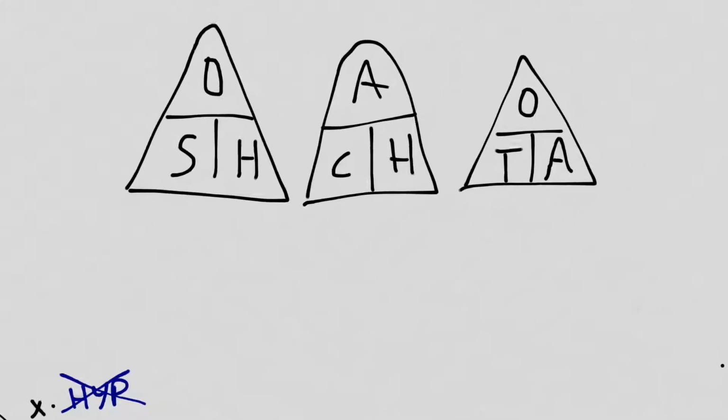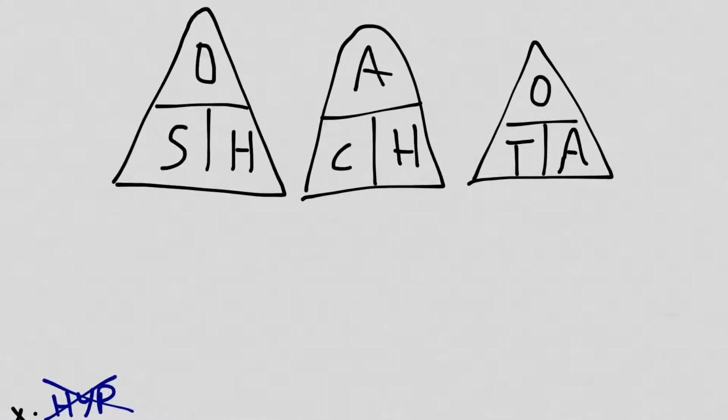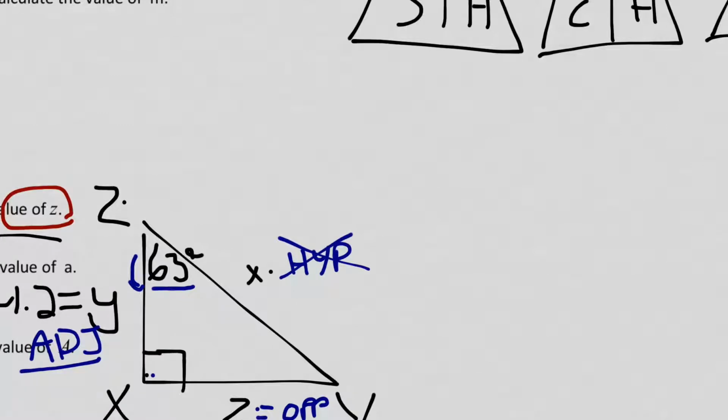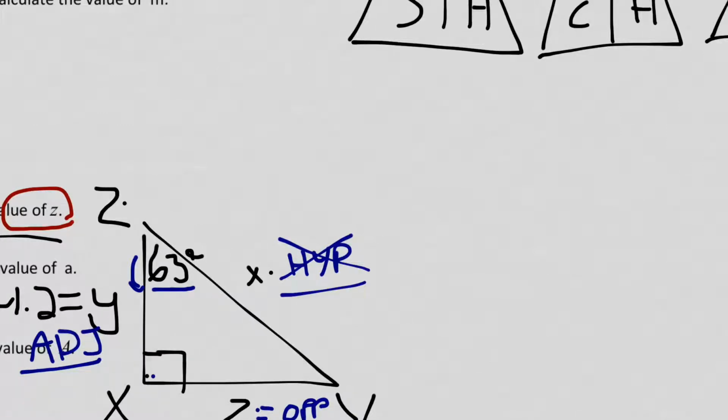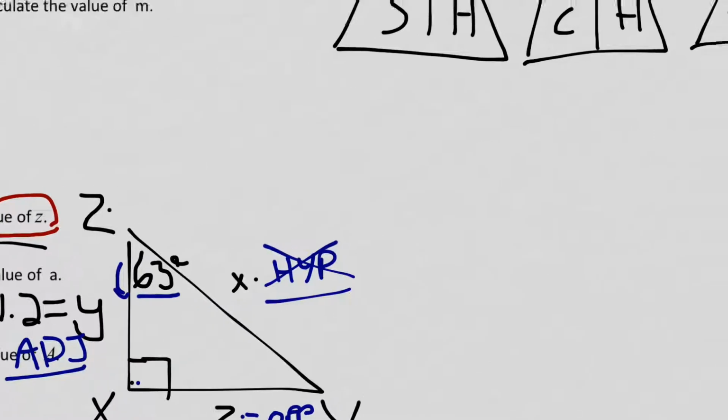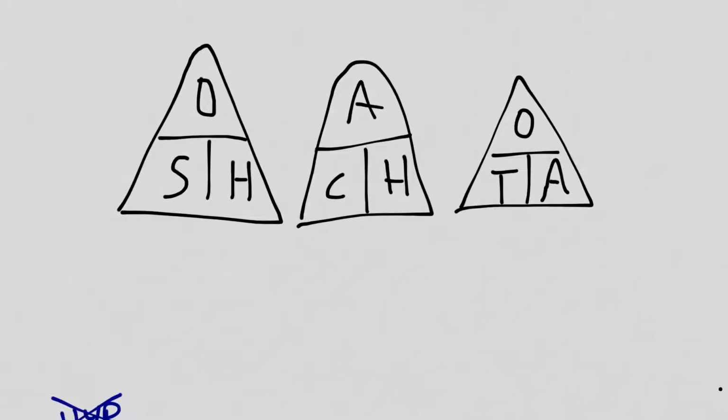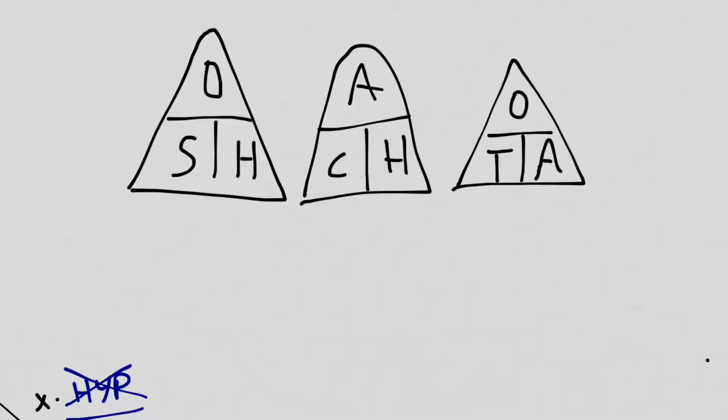This is a shortcut; we go through the full explanation in class. I'm trying to find the trig ratio shortcut that does not contain the hypotenuse. If I look at the three triangles, the first one contains it, so that's not going to work. The second one contains it too, so this one we're going to use: tan theta equals opposite over adjacent.